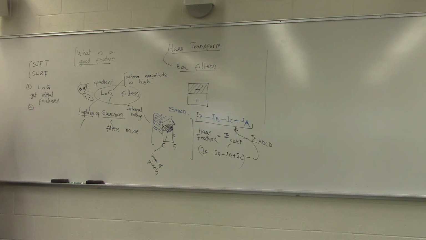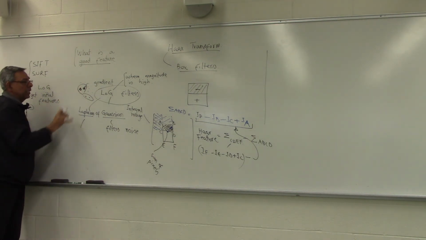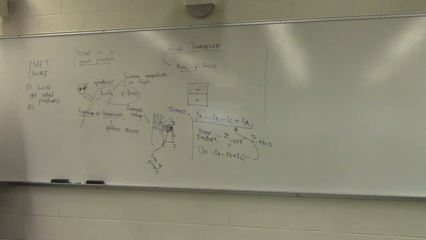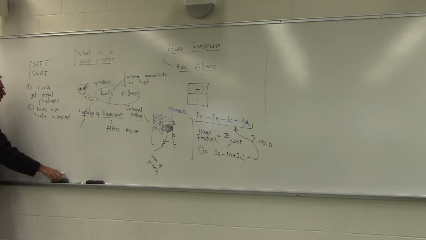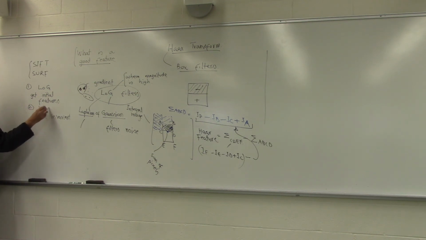Okay, after we have the initial features, what if the butterfly was turned one way or the other? We want those features which still can be identified regardless of which way the butterfly is turned. So, filter out, or I should say keep, scale invariant features, not the opposite of that. Keep scale invariant features.